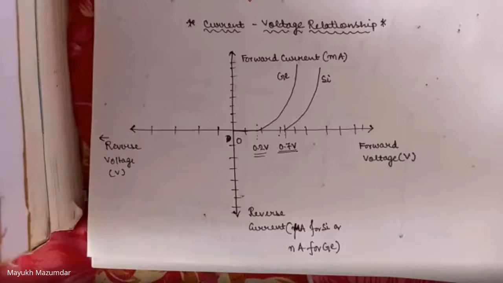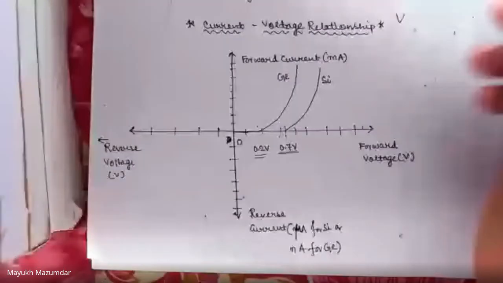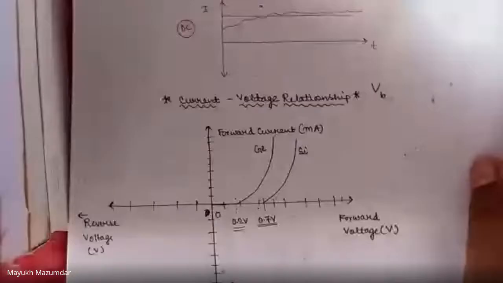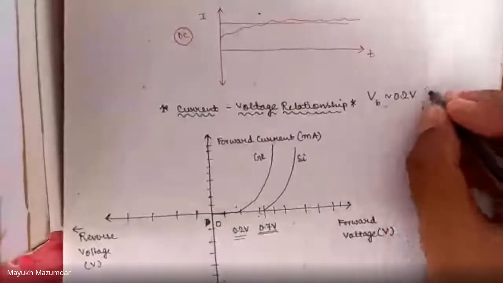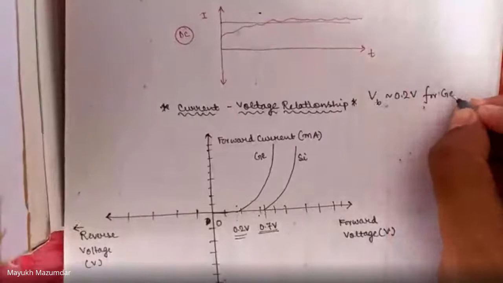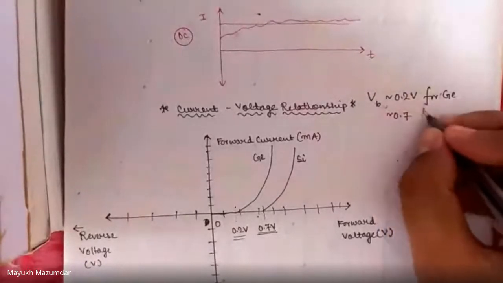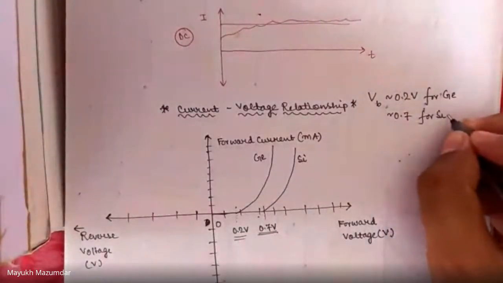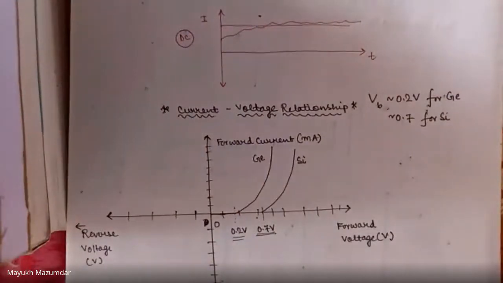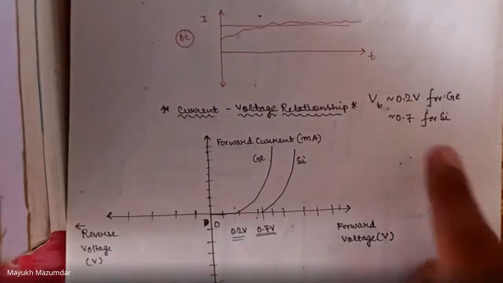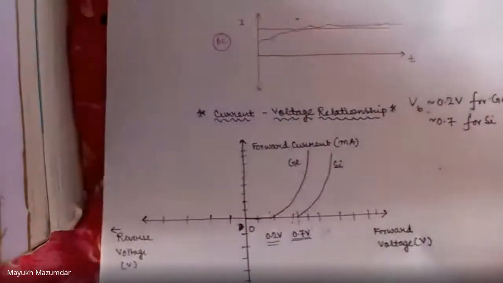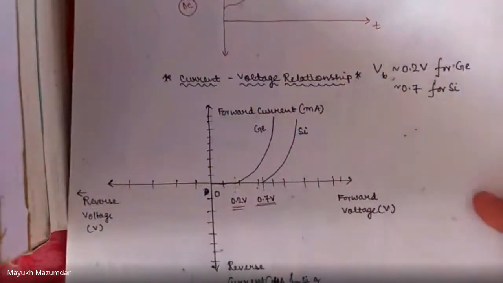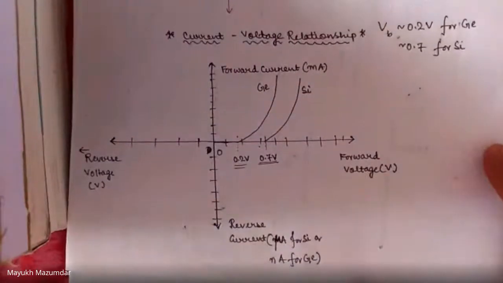Didn't I tell you last day that the value of the barrier potential is nearly 0.2 volt for germanium and 0.7 volt for silicon? That is the height of the barrier potential. So you have to at least give this much voltage to overcome that, isn't it? Yes, sir.